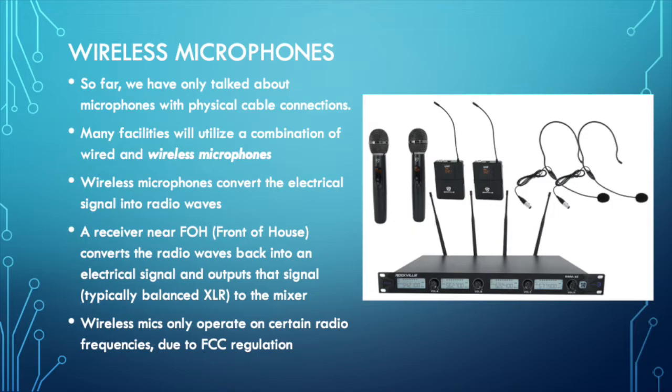Now, how does that work? I have no idea. So yeah, the physics of that, the way that actually happens, I have no clue. I wish I did. But it converts it into a radio wave, and then transmits those radio waves.